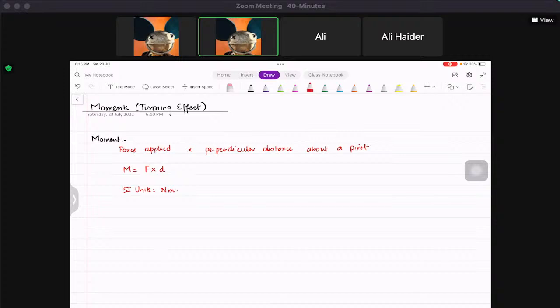Okay, and you guys need to remember it's a vector quantity. The reason why it is a vector quantity is because a turning effect can either be this way, which is clockwise, or it could be this way, which is anti-clockwise.